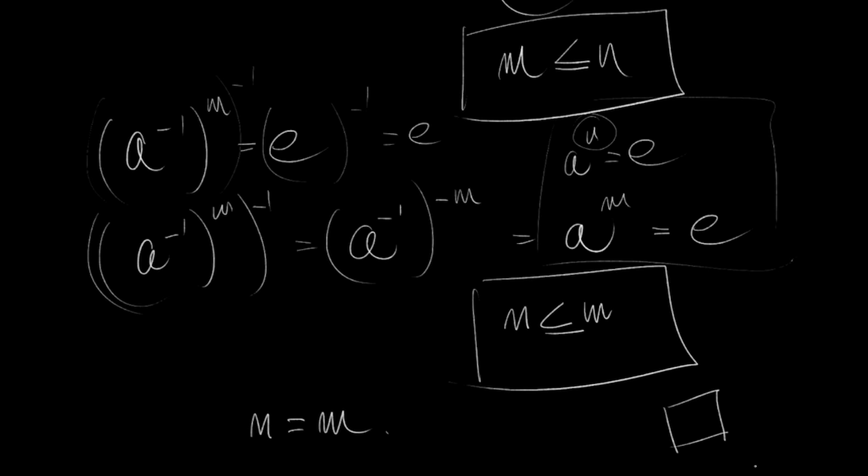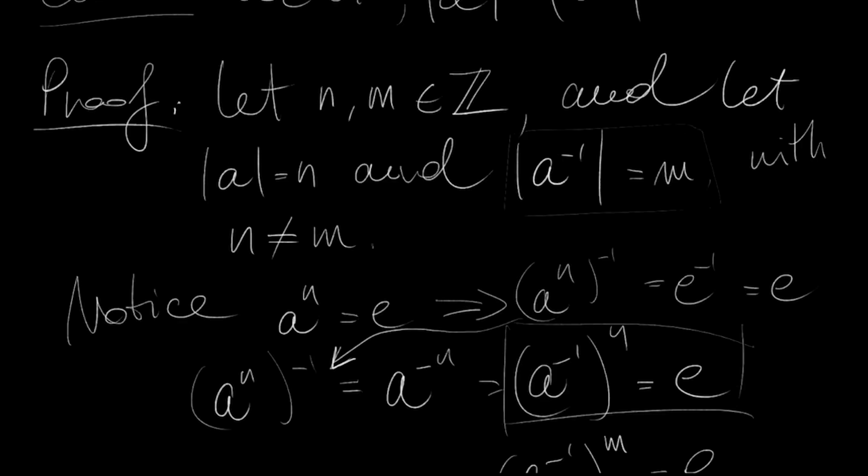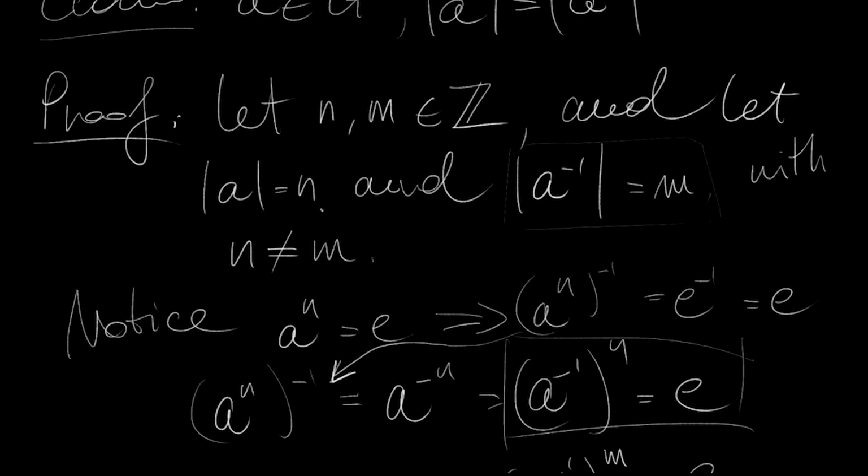However, here comes a really nice part of this proof. Why? Remember that we started the proof with a contradiction, all right? So our statement that n was not equal to m was contradicted. So what are we expecting when we do a proof by contradiction?